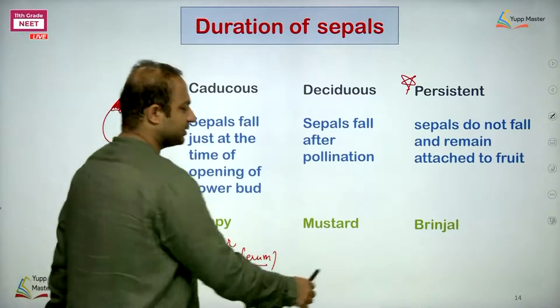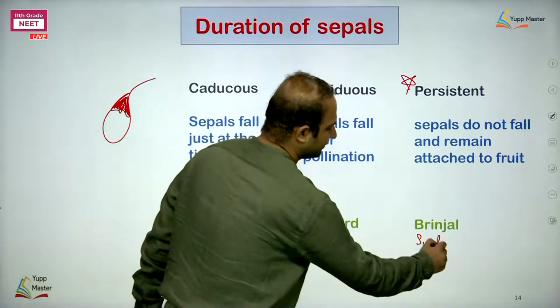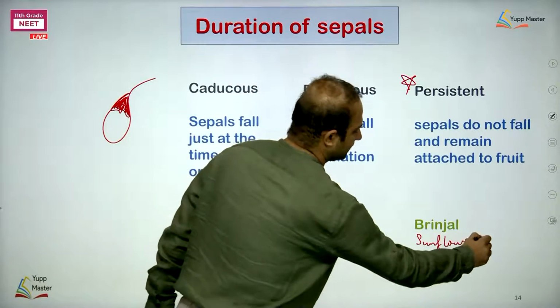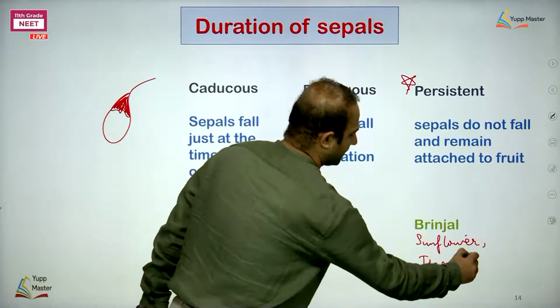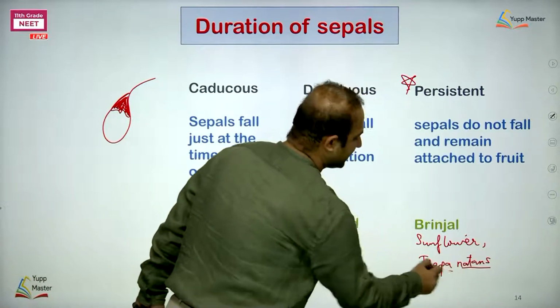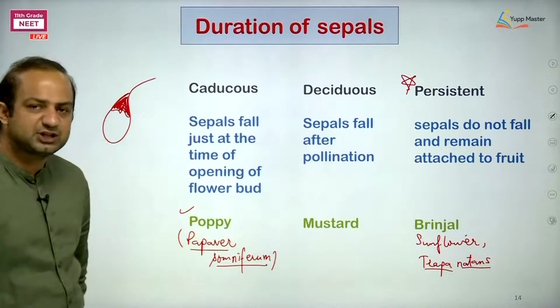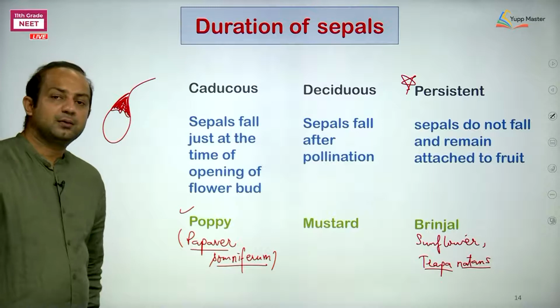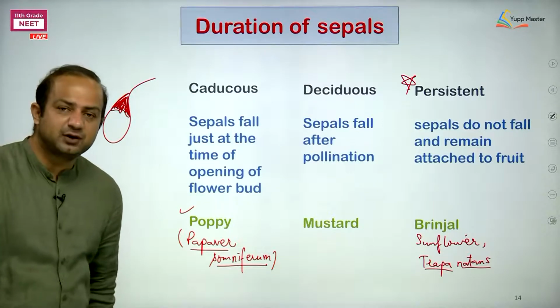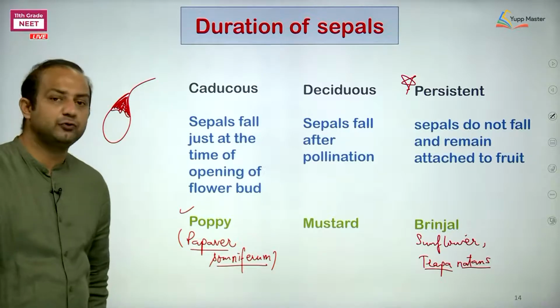I must write these words here. Sunflower, and Trapa natans, scientific name; common name is water chestnut. Okay, so these are the three kinds. Remember, sepals may persist after fertilization, means on the fruit.